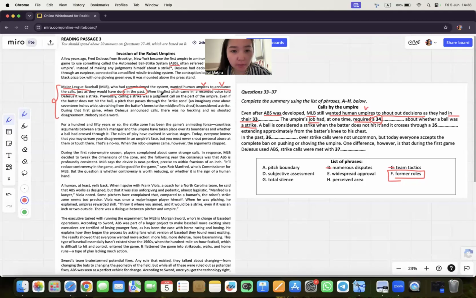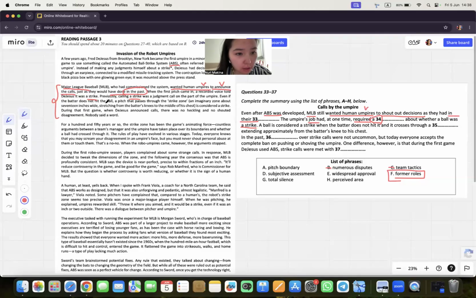Let's keep reading from this point. When the first pitch came in, a recorded voice told the umpire it was a strike. Yay, we found the word strike, but let's keep reading. Previously, calling a strike, again, strike, was a judgment call on the part of the umpire.